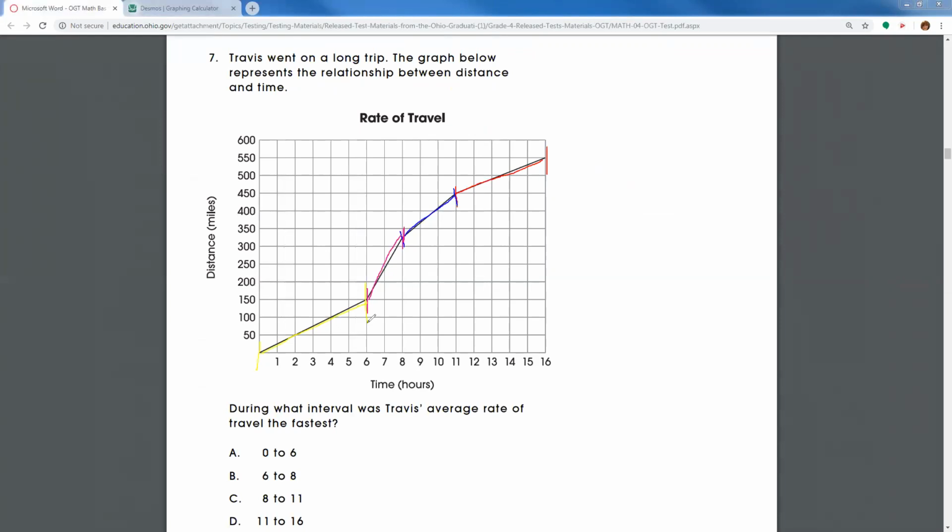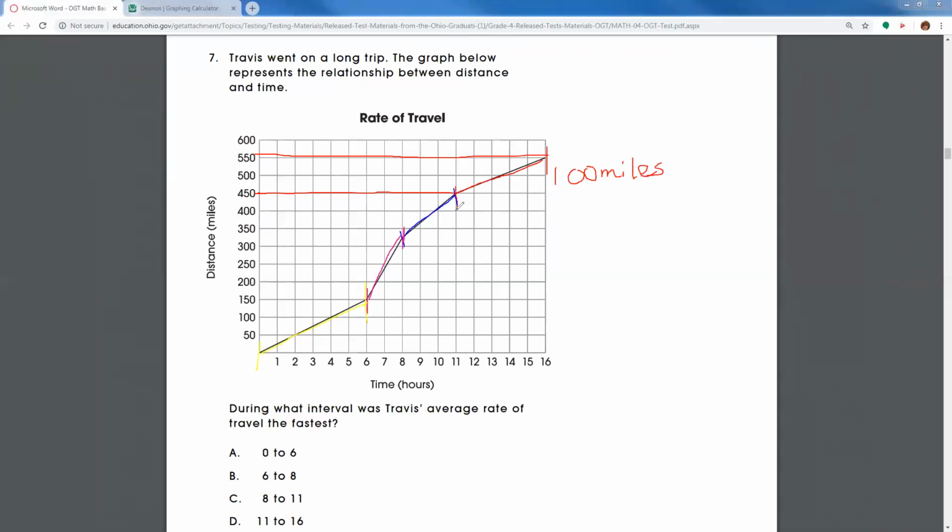So let's look at our distance. We went from 450 up to 550. So that's 100 miles. And how long did it take?